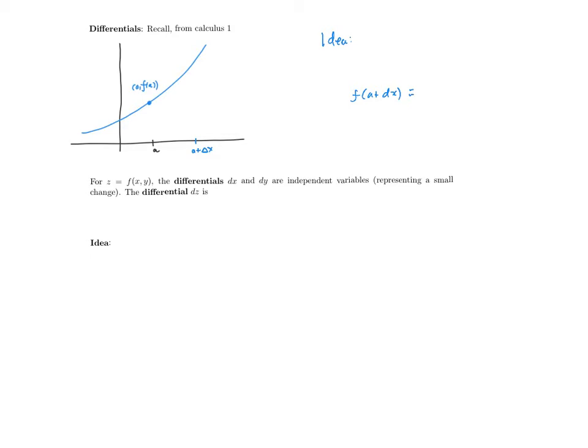And what we would like to know is, for this small change, where we're going to let dx be equal to exactly that change, what can we say about the function value at that point? That is, if we trace up to the curve at a plus delta x, the output would be f of a plus delta x.